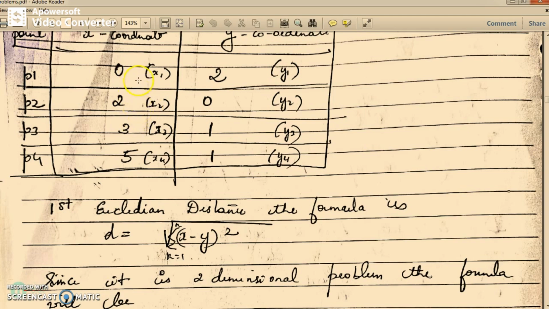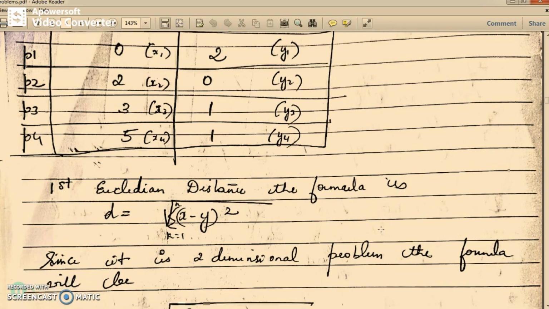So x2 minus x1 the whole square: if I have to find the distance between P1 and P2, first subtract their x coordinates, that is 2 minus 0 the whole square, plus, since this is sigma, y2 minus y1 the whole square, y2 here is 0, so 0 minus 2 the whole square. The square root of that is actually the distance between the 2 points P2 and P1. So that becomes our Euclidean distance between the 2 points. You can see how we have solved it.